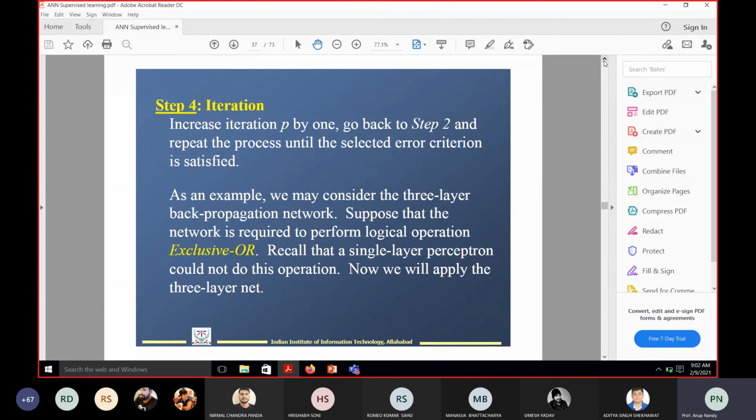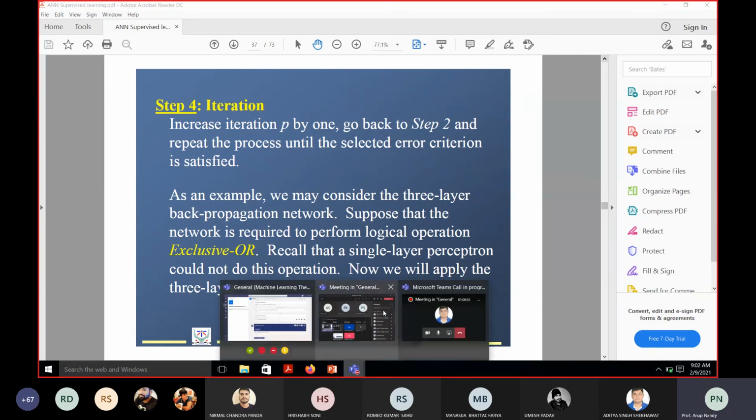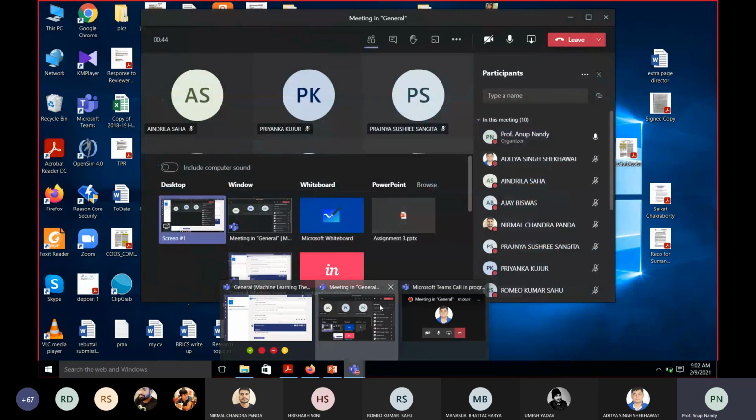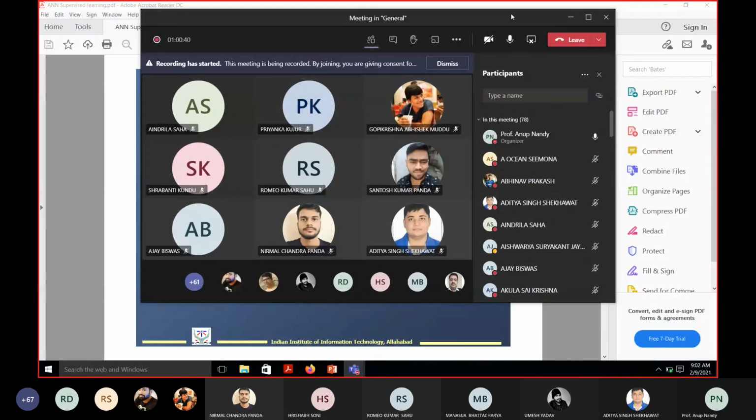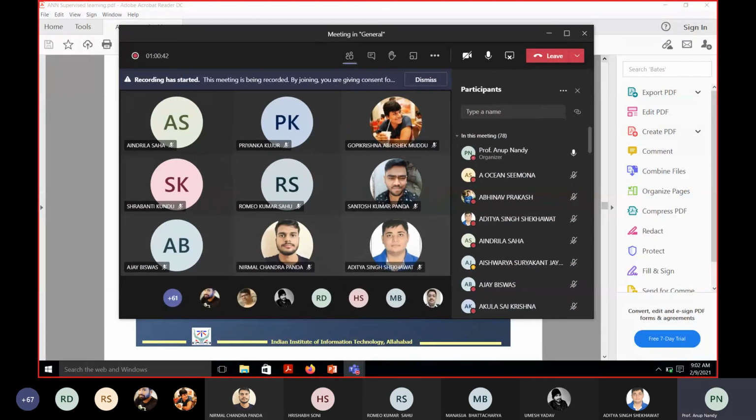It is very simple, only the AND gate and XOR gate. You have to implement the AND gate and XOR gate. Those who have already completed the LDA can go with this. I'll share this PPT now. That's all for today. Any doubts, you can ask me.